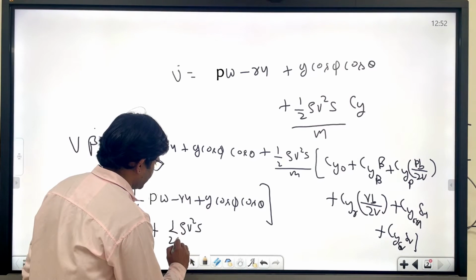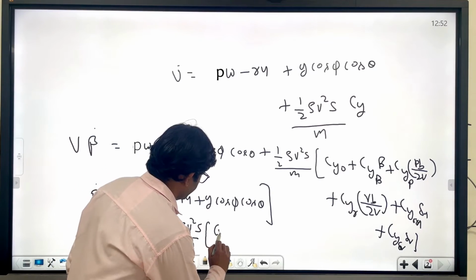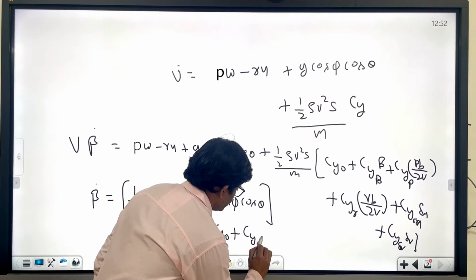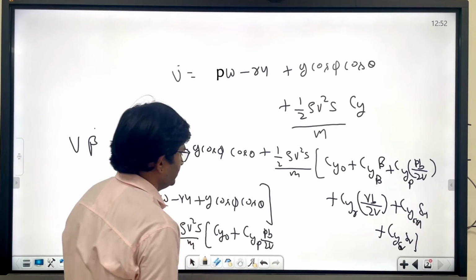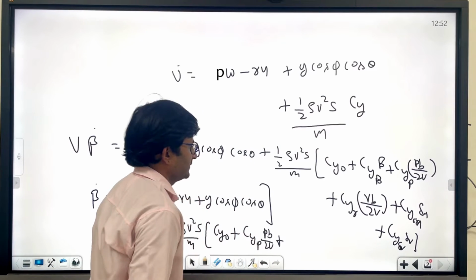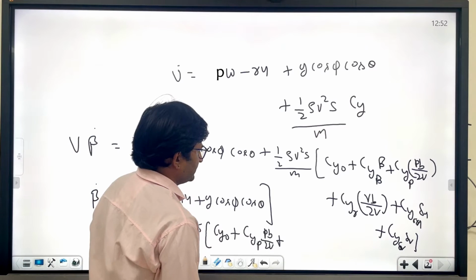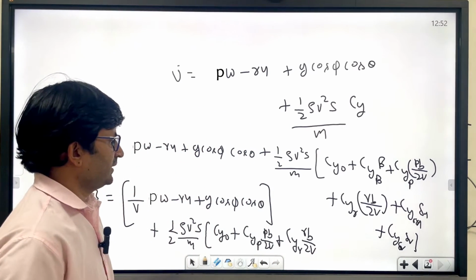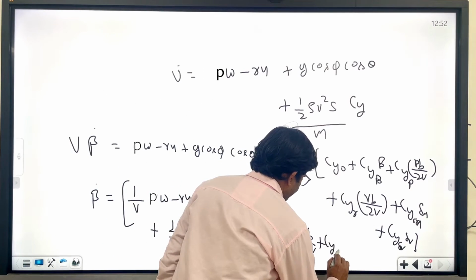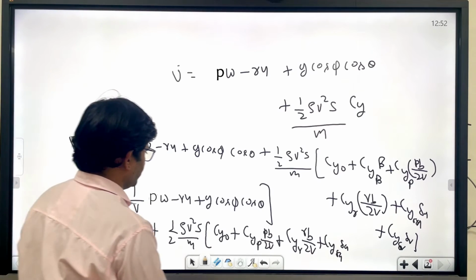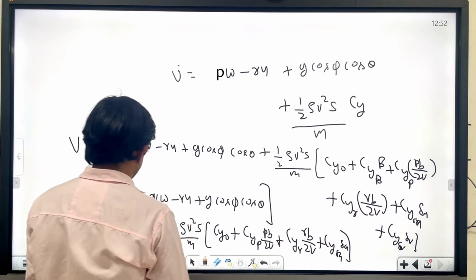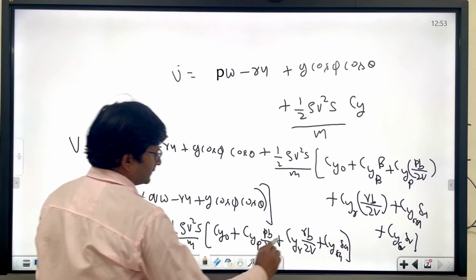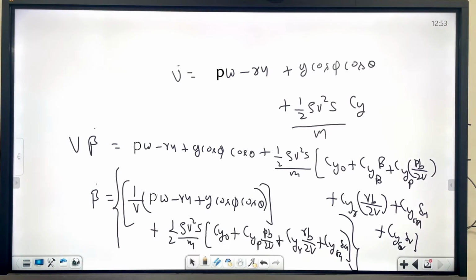Half rho V square S by m, and this you can write as Cy naught plus Cyp Pb divided by 2V, and plus Cyr Rb divided by 2V, and plus Cy delta A into delta A. Okay, so this you keep in one bracket.